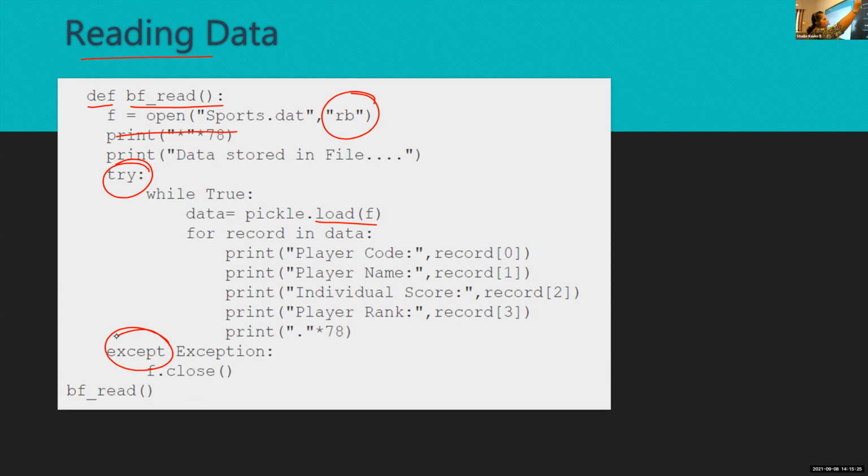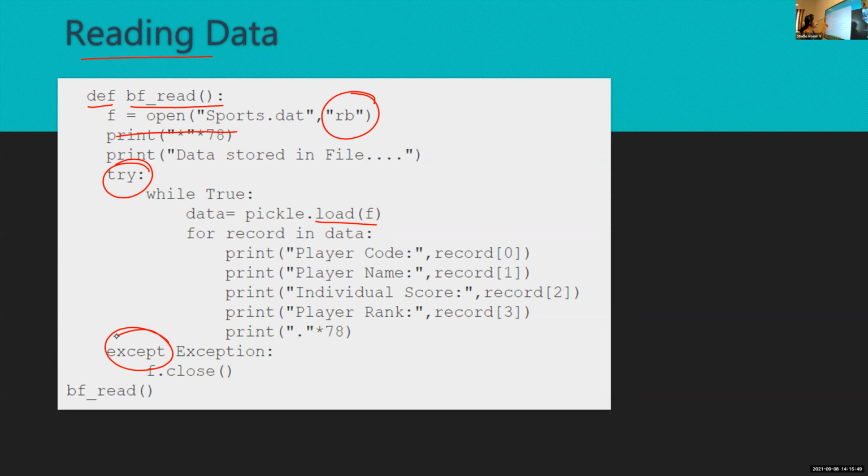For that purpose, we are using this try and except. After reading each statement, it will check if the end of that file is encountered or not. This load is for reading the binary data.